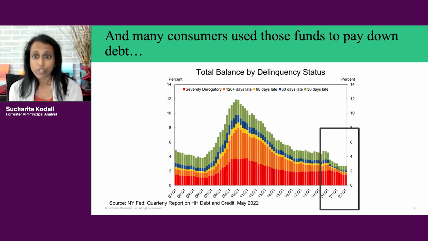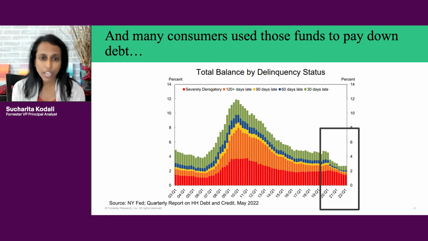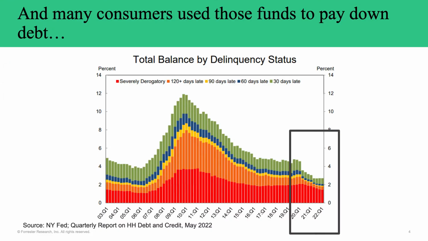Another thing that consumers did is they used that money to pay down debt. We've heard how much American consumers in particular have in every type of debt, from mortgage debt to auto loan debt to educational debt to credit card debt. All of that, as you can see, in 2020 and 2021, almost overnight was paid down. And the worst of the debt, which had the highest interest rates, the most delinquent debt, was what consumers used a lot of those stimulus payments to immediately take off the books.